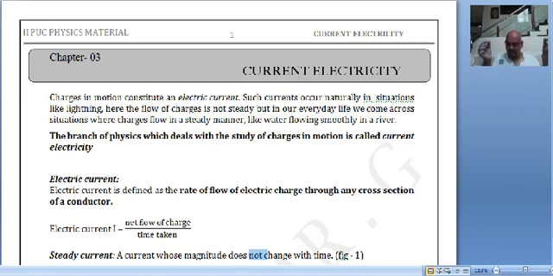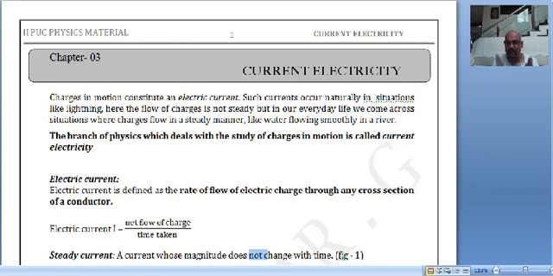So just imagine a copper wire and you have created a potential difference by connecting that to a battery or a cell. Now when you create a potential difference, the charges will flow from higher potential to lower potential, from one end to the other end. So the rate of flow of charges across any cross section of the conductor is called electric current.